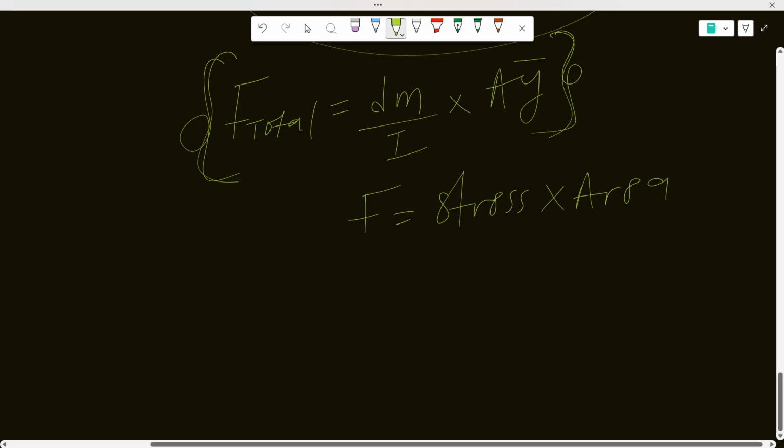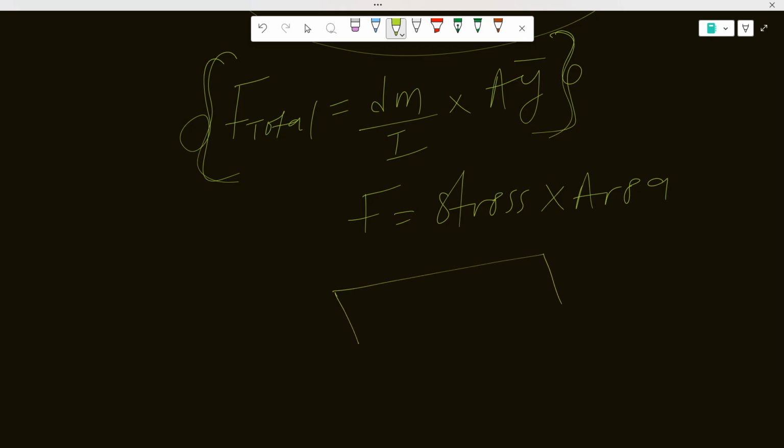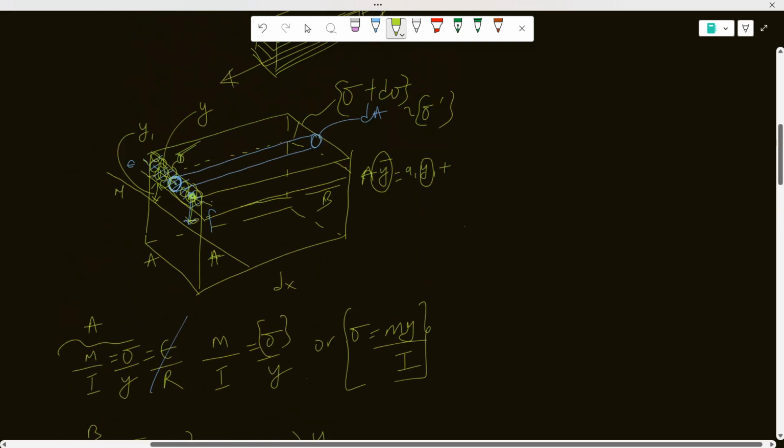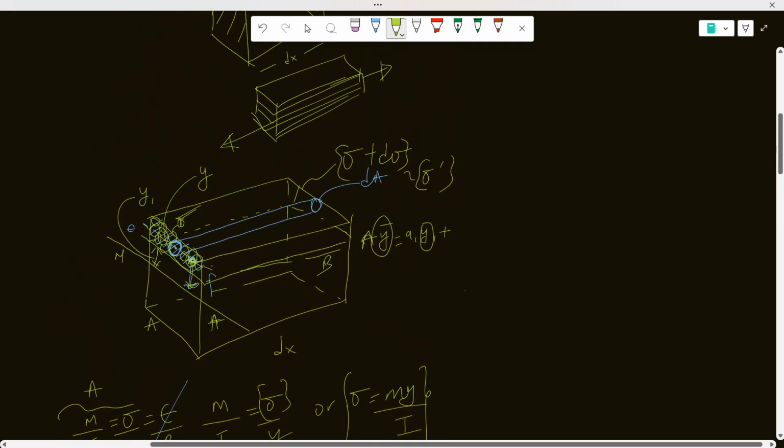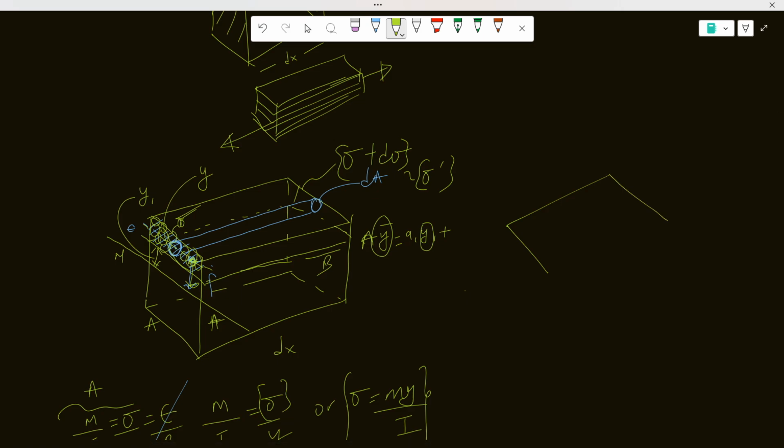Remember, I was dealing with layers of the beam. Let me go back to this. I'm basically cutting the beam like this.